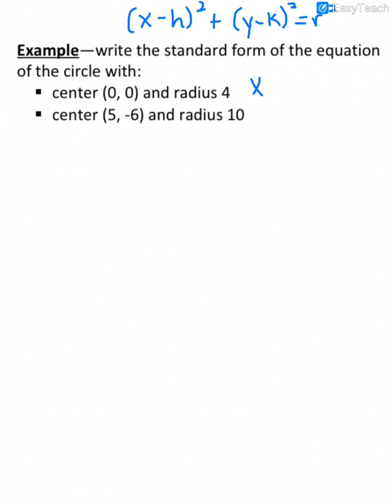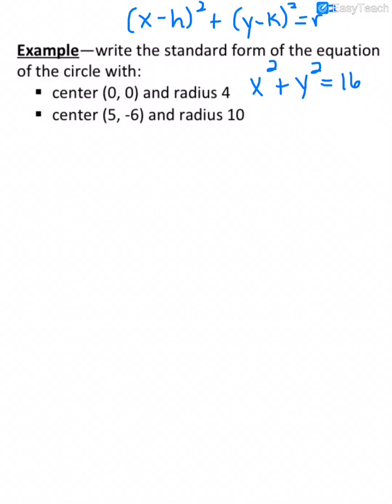Well, x minus 0 is just x, squared. And the same thing for the y: y minus 0, if my k is 0, is just y squared. That equals my radius, which is 4 squared, and 4 squared is 16. So that is the equation of a circle with a center at 0, 0 and a radius of 4.